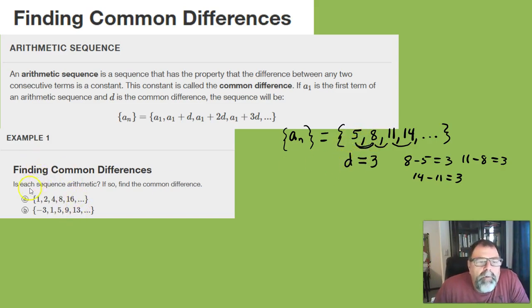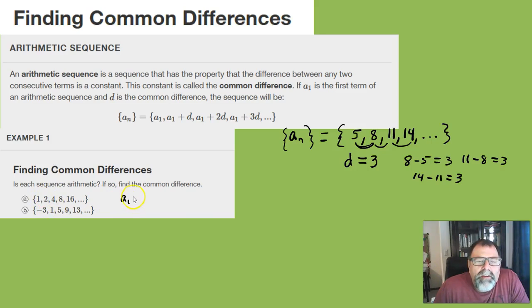Okay, so example 1, find the common difference in each sequence. Is the sequence arithmetic? If so, find the difference. Alright, so you have to check that you get a common difference.